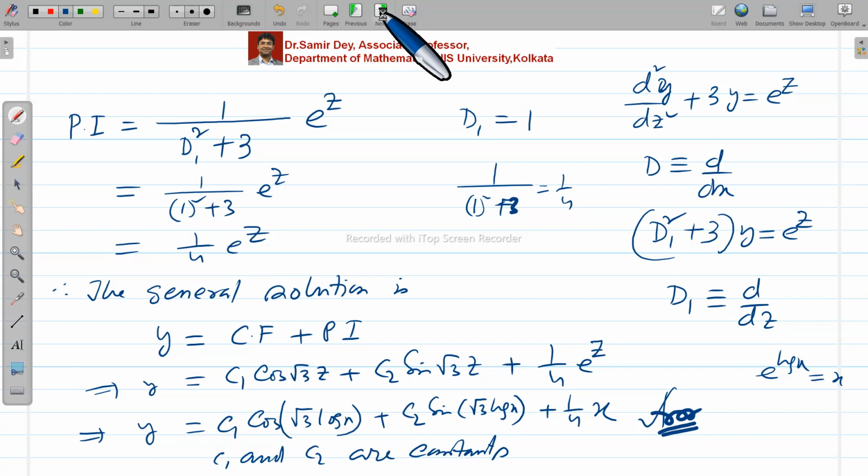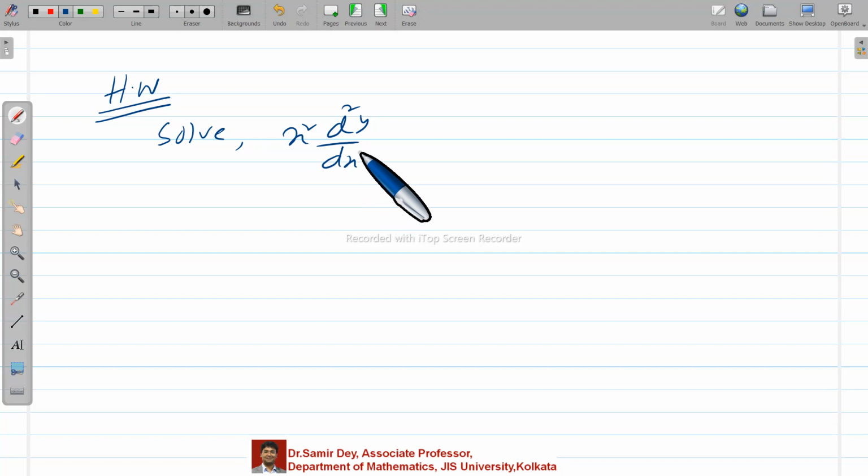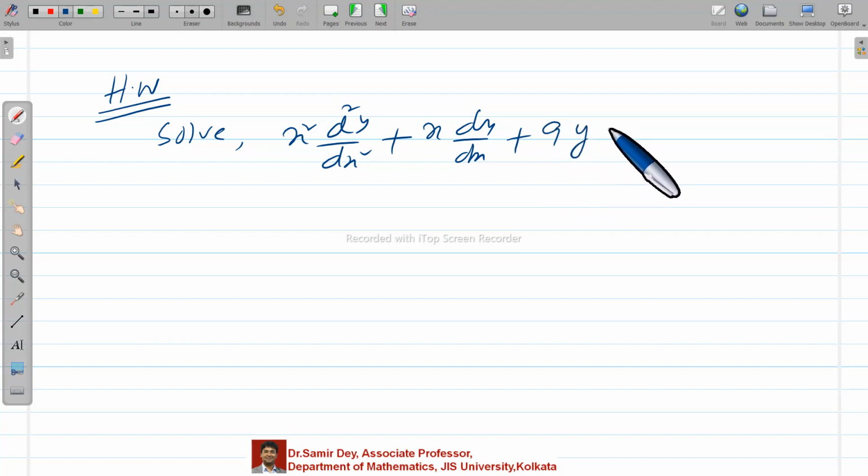So your homework is, please write down, solve x square d square y by dx square plus x dy by dx plus 9y is equals to x square. Okay, clear? So please try to solve it.